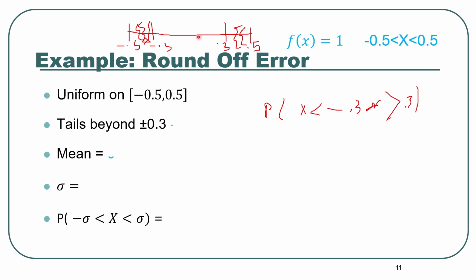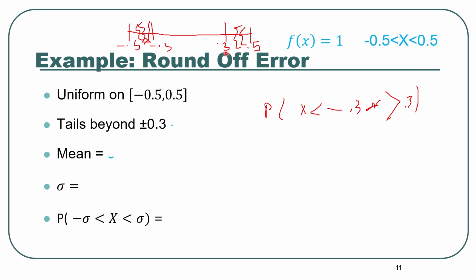This is the length of that interval over the total length, which is 1. So it's going to be 0.6.